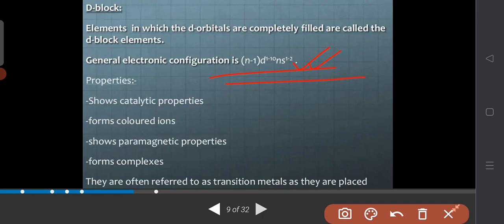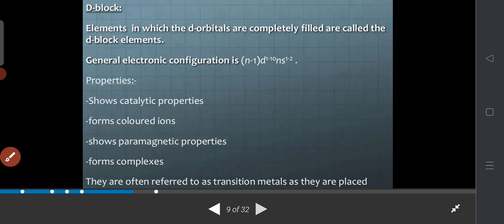Their properties: they can show catalytic properties, they can form ions of different colors, they can show paramagnetic properties, and they can also form complexes. They have the tendency to form complexes.